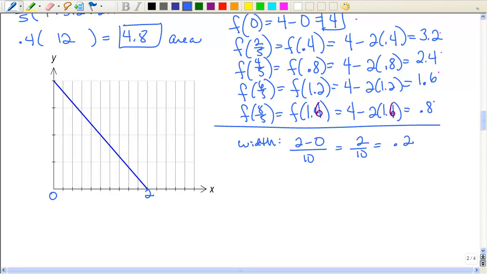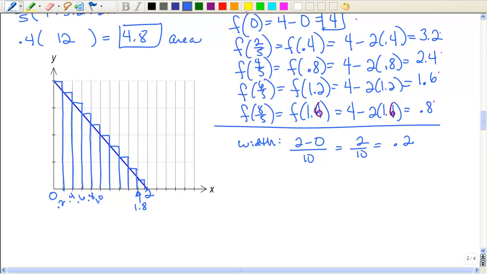And I'm going to use my left endpoints. If I draw each rectangle, notice the last one, using the left endpoint, is not going to be 2, but it's going to be 1.8. So this is 0.2, 0.4, and so forth. So that's the width. Now I have to determine the height.